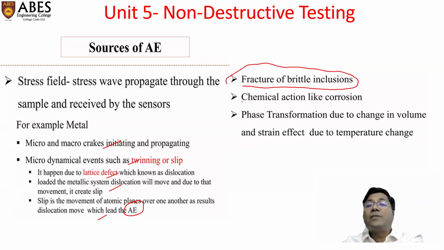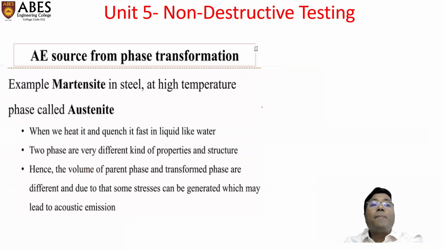Fracture of brittle inclusions and chemical actions like corrosion can also emit acoustic emission. Phase transformation due to change in volume and strain effect due to temperature change can also be detected. A source for phase transformation is martensite in steel; at high temperature, a phase called austenite is obtained. This we have already seen.